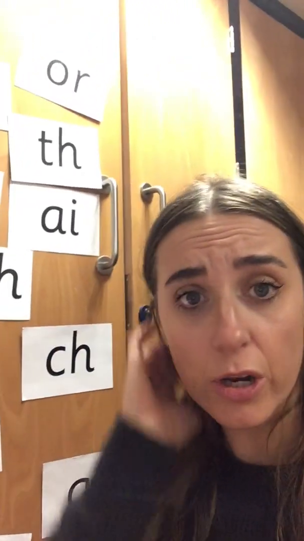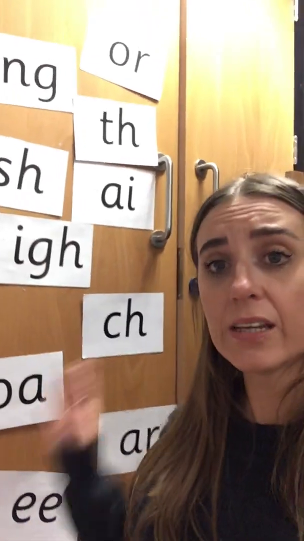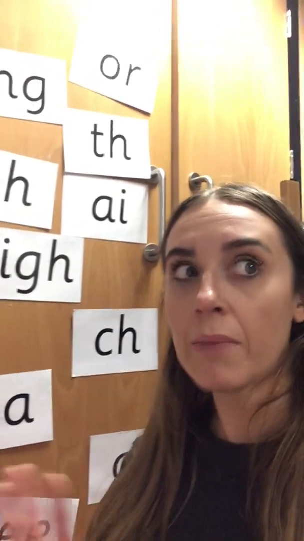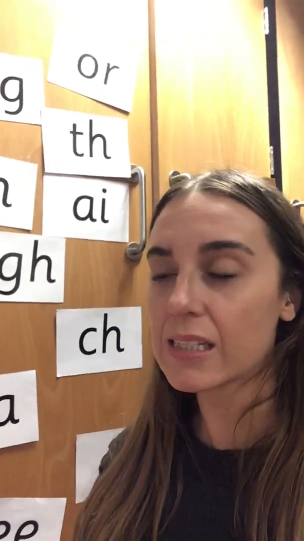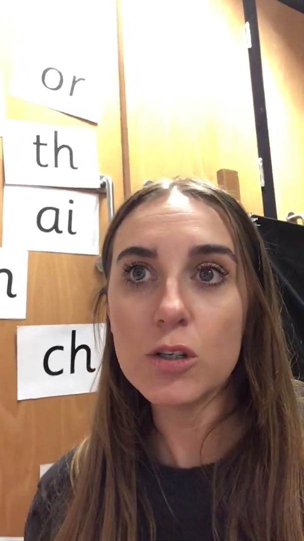I'm going to show your mummies and daddies or nannies and granddads the board, see if you can write those down at home, and then maybe you can have a game. You might verse your mummy, daddy, nanny, granddad and see who can find the trigraph or digraph first. You might do it where you write them on the floor and you can jump to it first, so you can have it as a fun game.